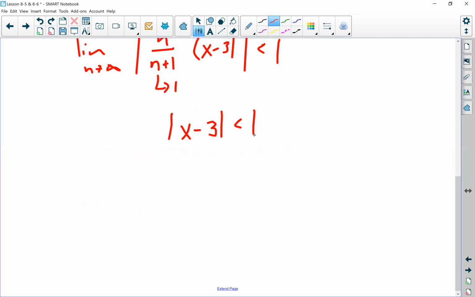The absolute values just mean that x minus 3 is between -1 and +1. Now, if I add 3 all the way across, that series would be convergent for x values between 2 and 4.